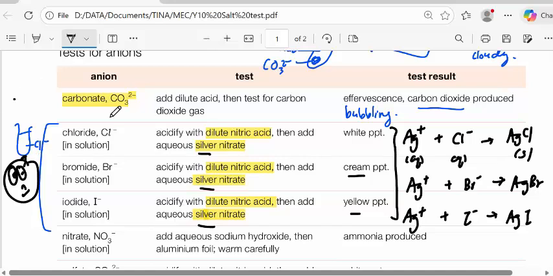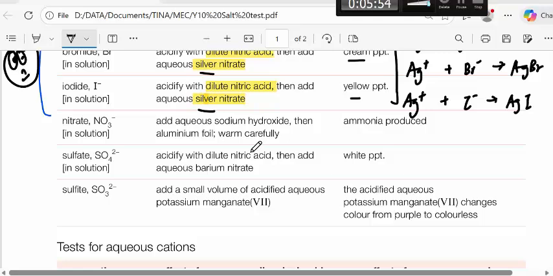Okay? Now for sulfate, the one that is insoluble is barium. It's the same. You add nitric acid first, and then you add barium nitrate. What are you supposed to see?